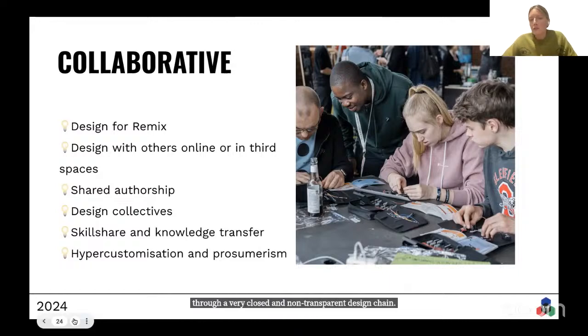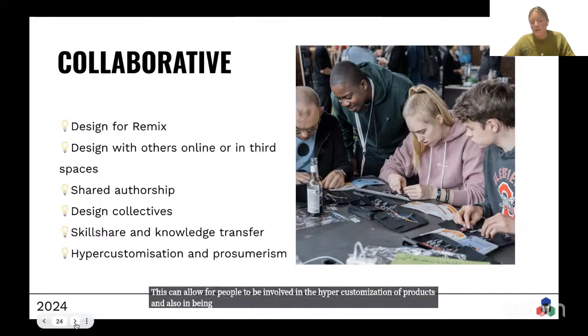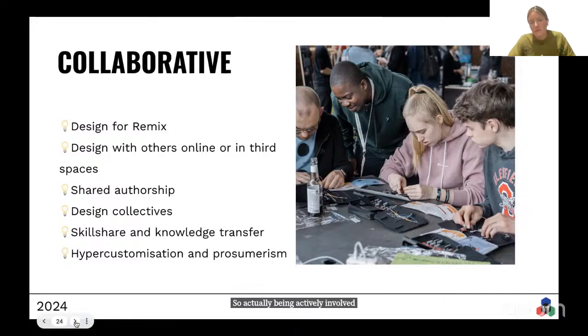We have the ability to bounce ideas through shared authorship, through collectives of designers, and through skillshare and knowledge transfer. This can allow for people to be involved in the hyper-customization of products and also in being involved in part of the process as a prosumer, so actually being actively involved in the design of their products.